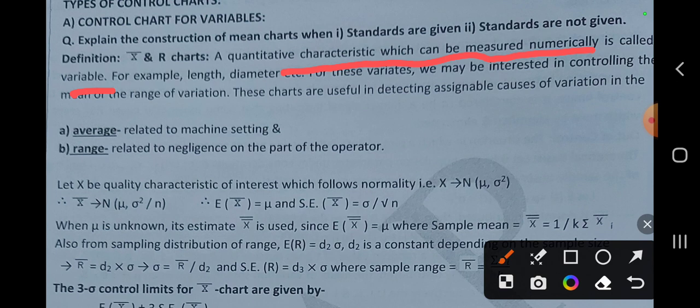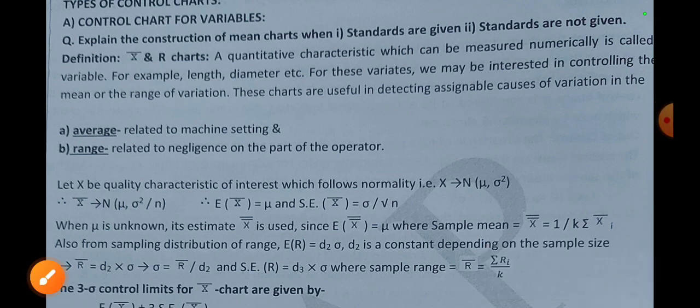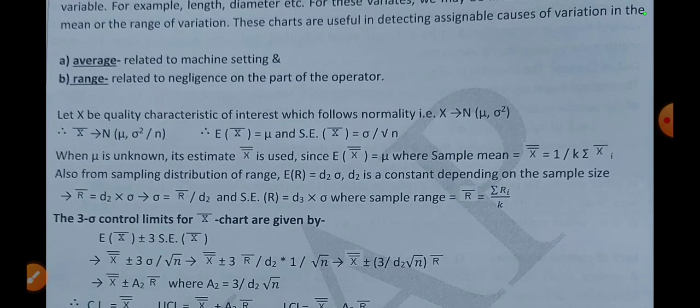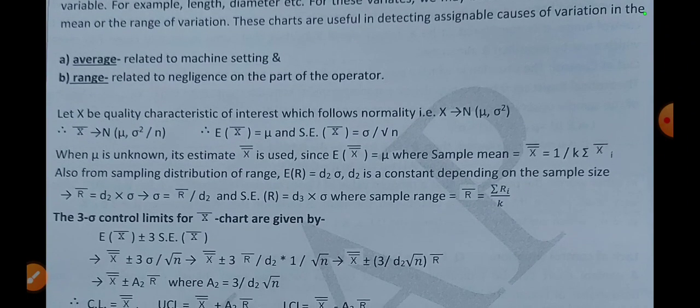Therefore in control charts for variables there are two types of control charts. One is a control chart for mean and the second one is a control chart for range, and these charts are useful in detecting assignable causes of variation.